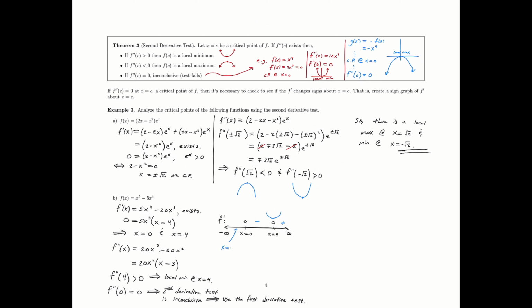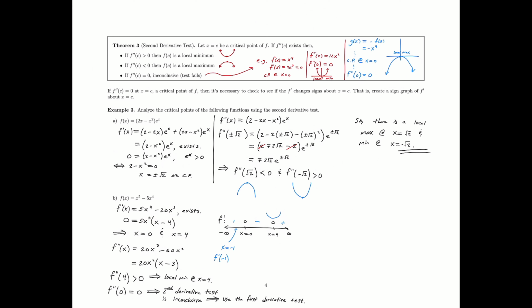We can just do x equals -1 for our sample point. F prime of -1. If we head over here and look at this, negative cubed is negative. So this term here turns into a negative. And negative minus 4 is still negative. So we have negative times a negative, which is a positive.